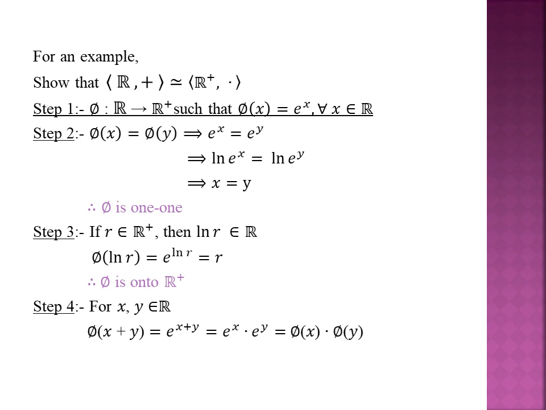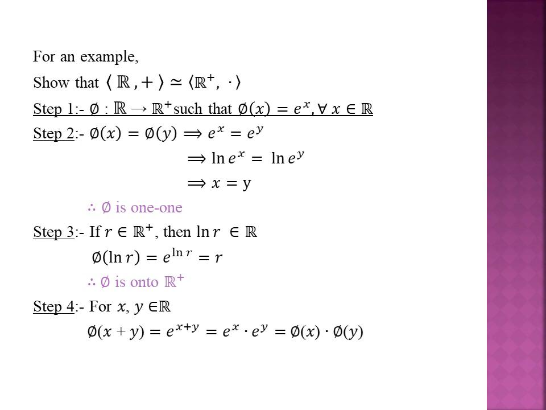Phi of x is e raised to x, therefore phi of x plus y is e raised to x plus y. Then we know that a raised to m plus n equals a raised to m into a raised to n, the property of exponential functions.